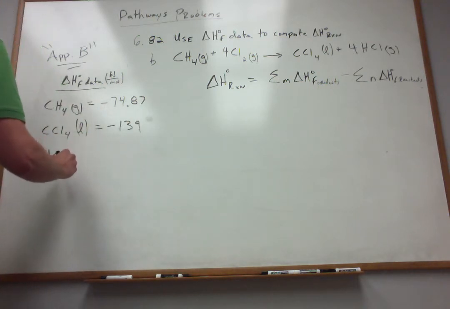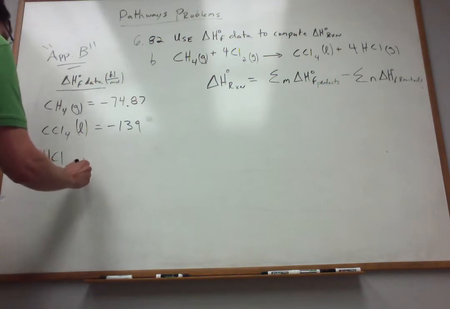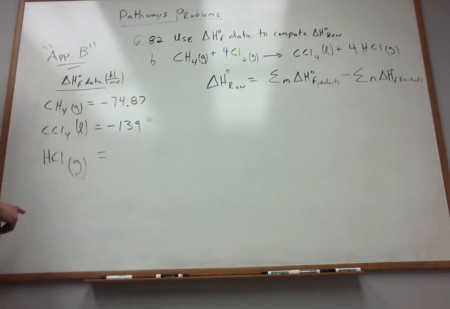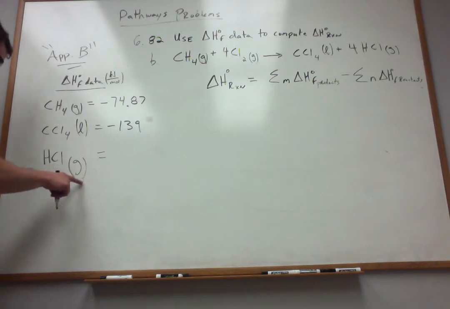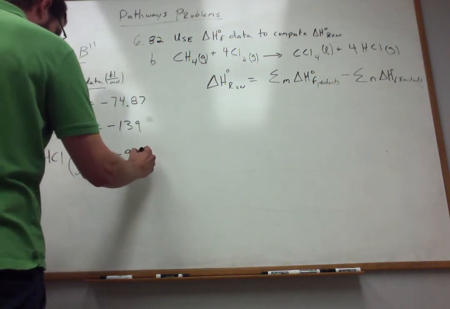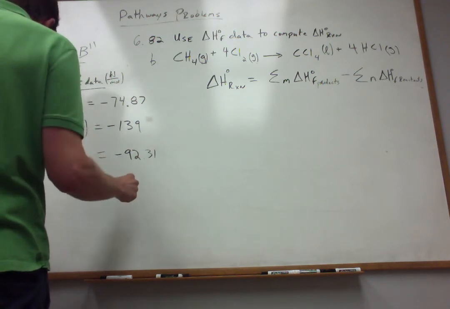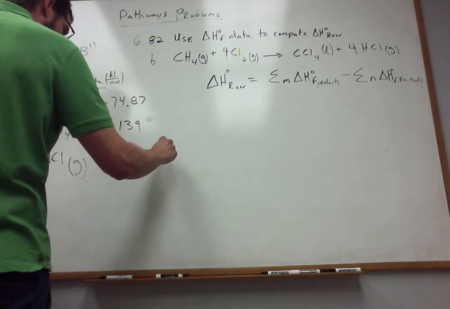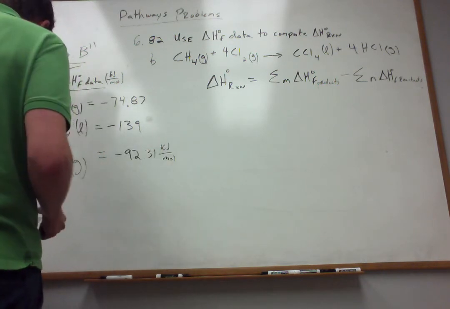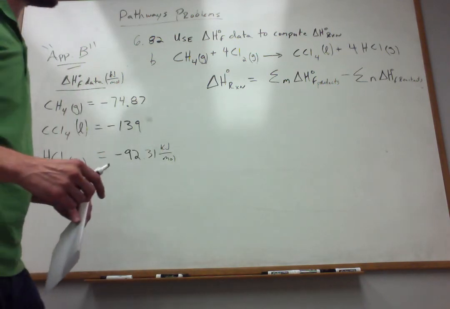And HCl gas, hydrogen chloride, not the acid, because it's not aqueous, it's a gas, has a delta H formation value of negative 92.31 kilojoules per mole. Those are the numbers from the back of the book.